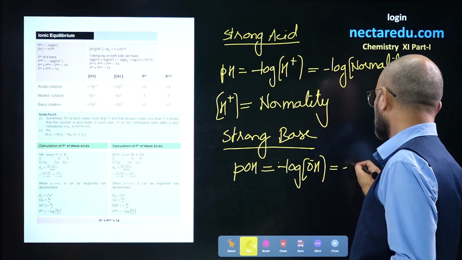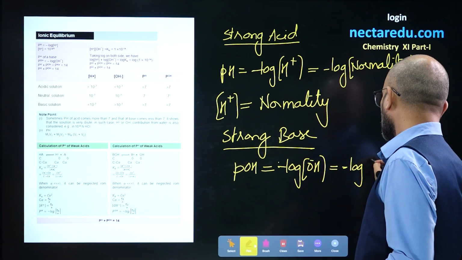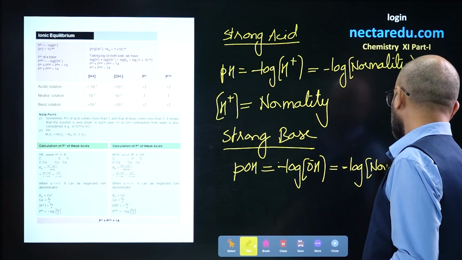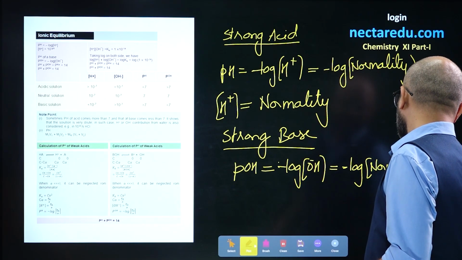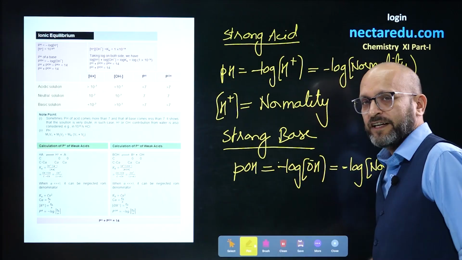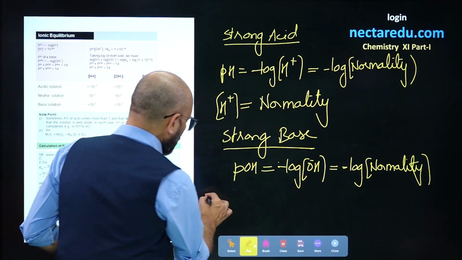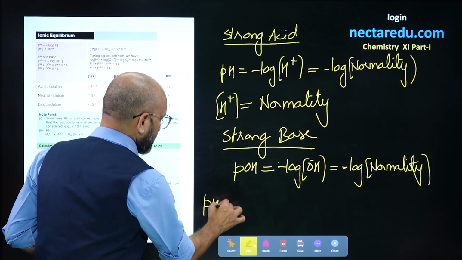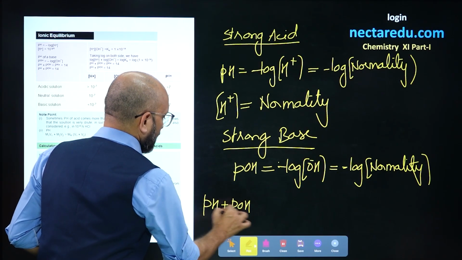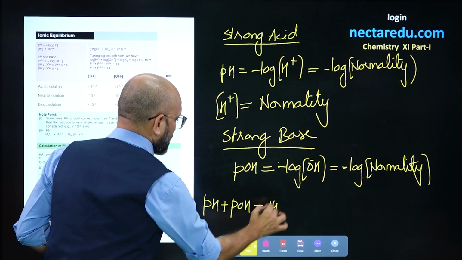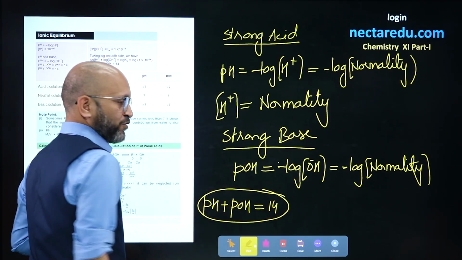Alright, so you can use the formula negative log normality for a basic solution, right? You get pOH, and let me tell you the total sum of pH plus pOH is 14. Alright, pH plus pOH is 14 in total.